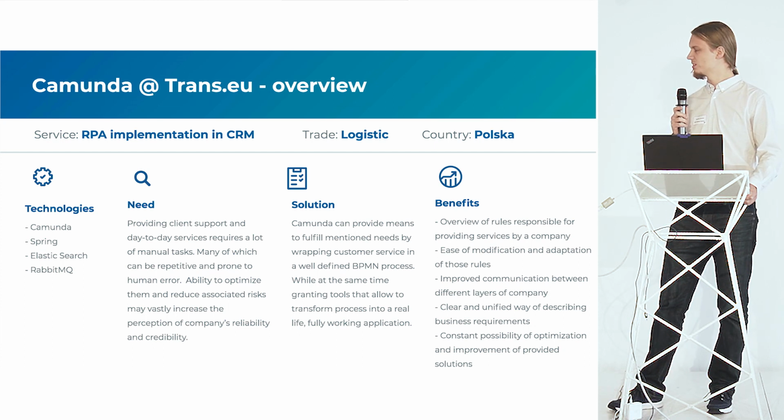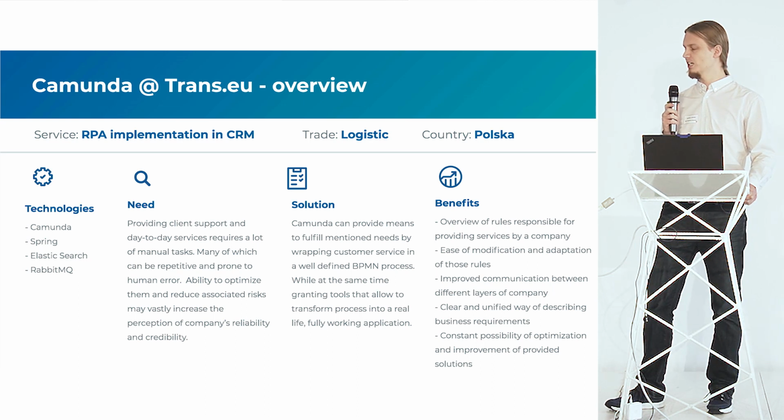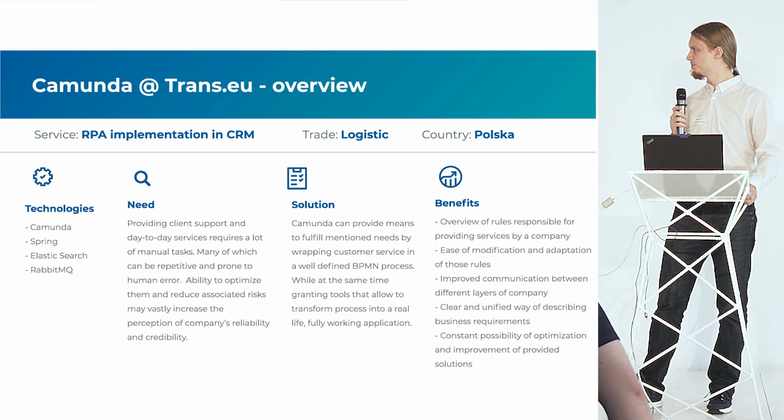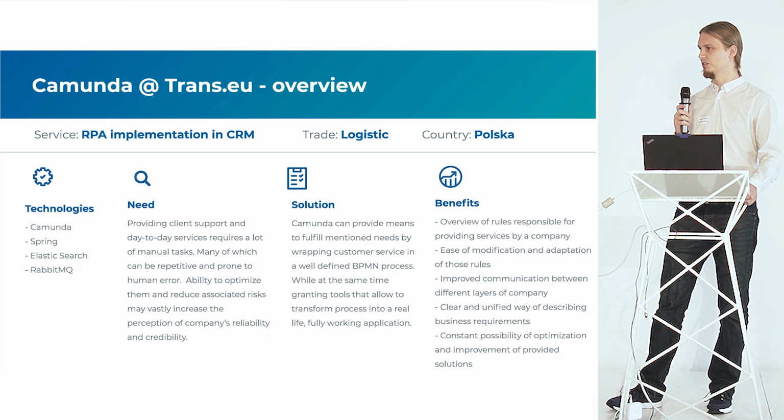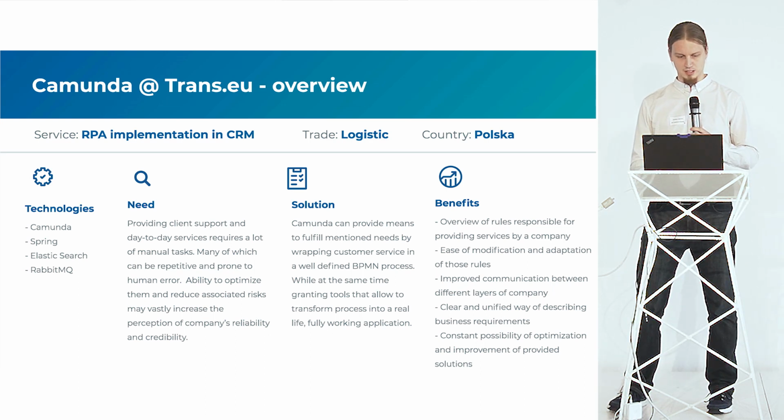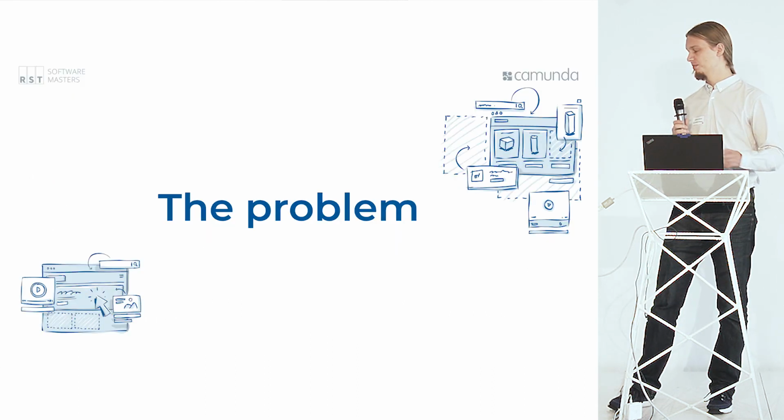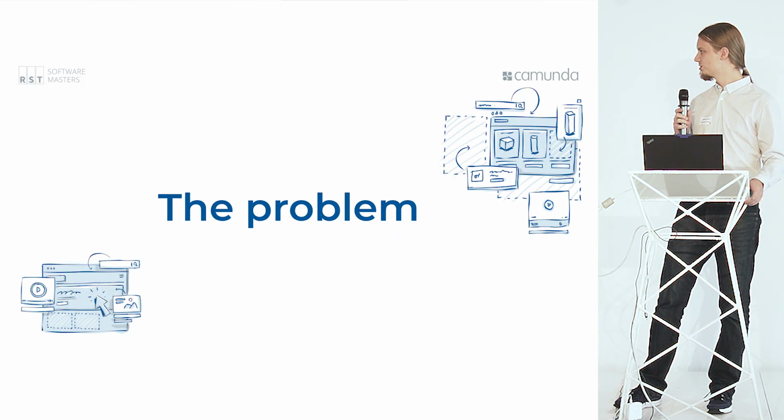What also is the benefit of using Camunda in our system was that it gave us the possibility of improvement and optimization thanks to tools like Optimize and History View. So I hope you have a small image of what Trans is.